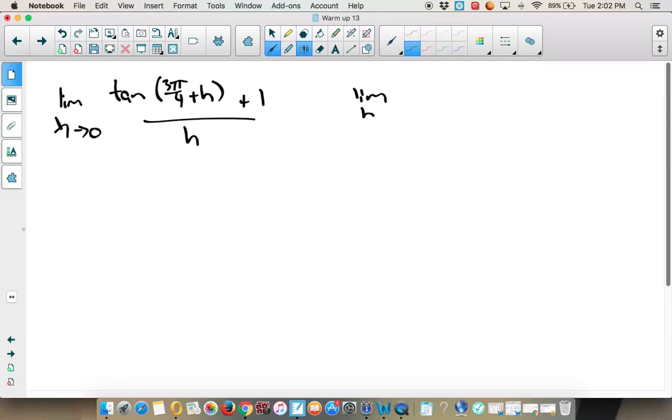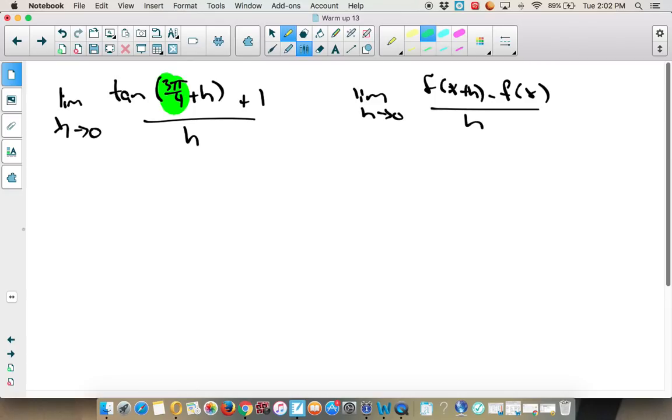That's the limit as h goes to 0 of (f of x plus h minus f of x) over h. The thing is, instead of x, I have 3 pi over 4. What that means is that this is the derivative at a specific point. So I need to figure out what my original function is.